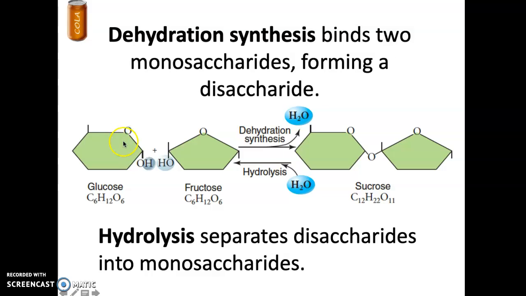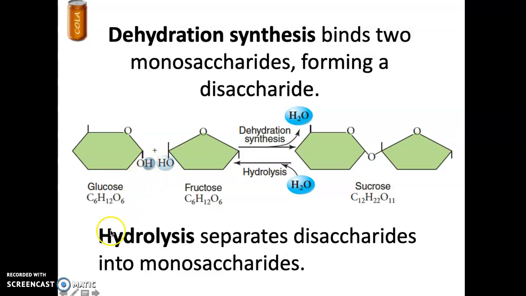So look at my picture here. I didn't want to add all the different OHs and carbons here, because it's going to be complicated, but I want to show you just one little piece of it. Here it would have an OH on it, and this other fructose molecule also would have a little OH there. And what I want to do is bond these together, but in order to do that, I've got to remove some of those atoms from the molecule.